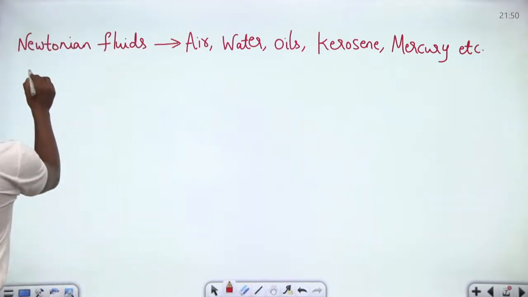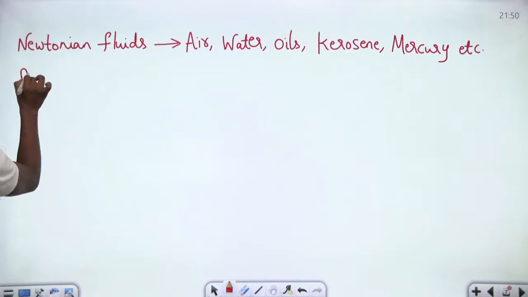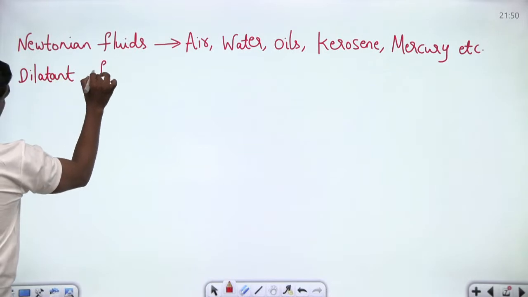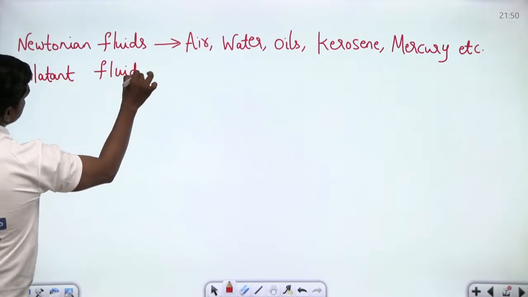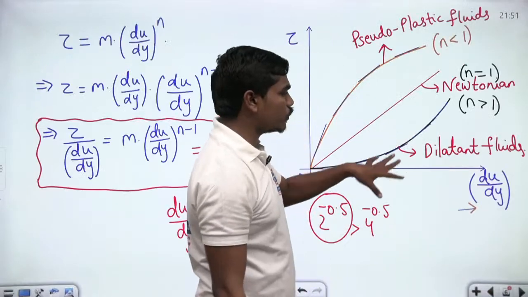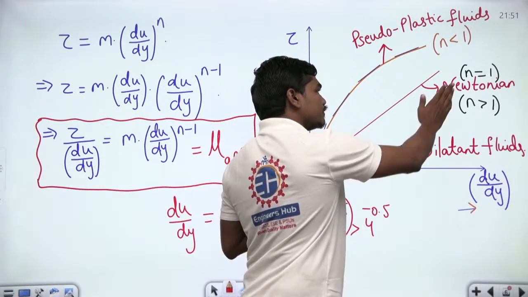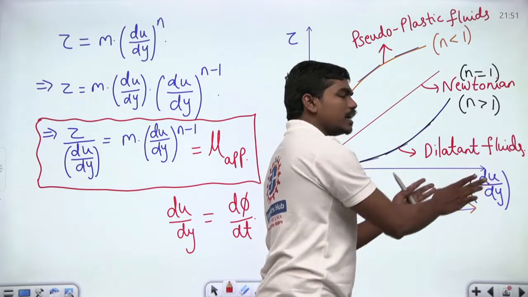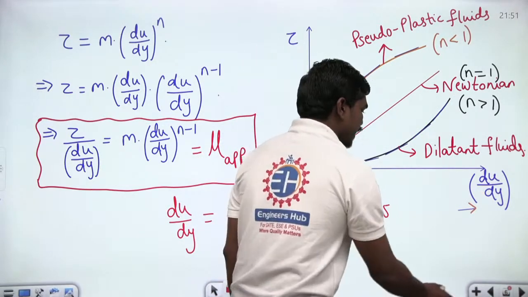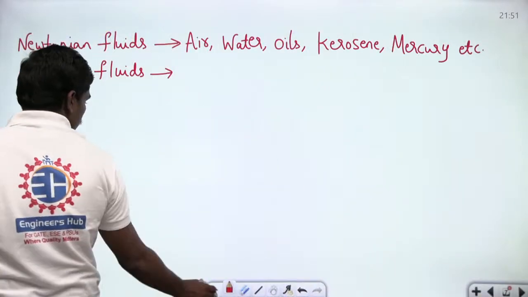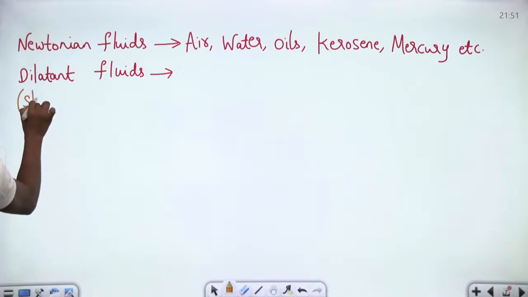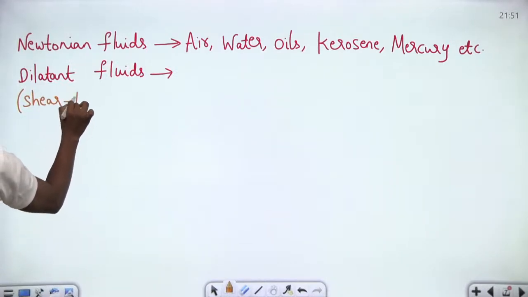Okay, so now if you consider dilatant fluids, what are dilatant fluids? Dilatant fluids are fluids in which your apparent viscosity keeps on increasing as you increase the shear strain rate, correct? These dilatant fluids are also called shear thickening fluids. You can write this, shear thickening fluids.